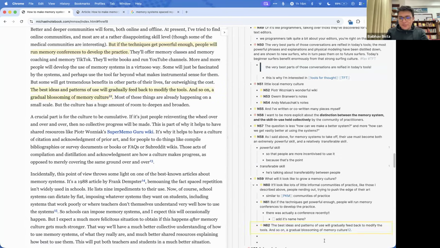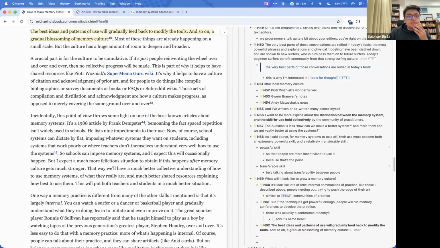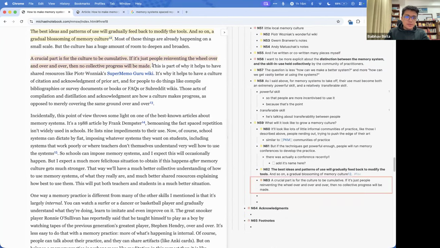Yeah, this is the thing that I'm very interested in. The best ideas and patterns of use will gradually feed back to modify the tools. Very interesting topic, yes.